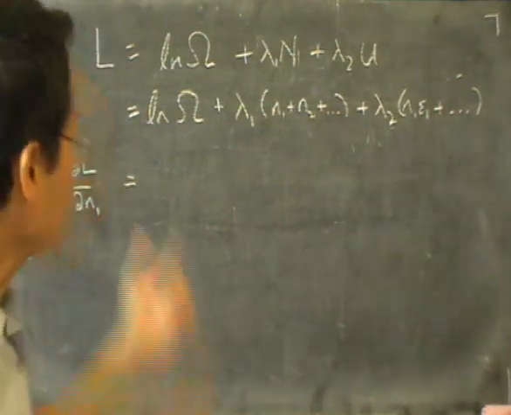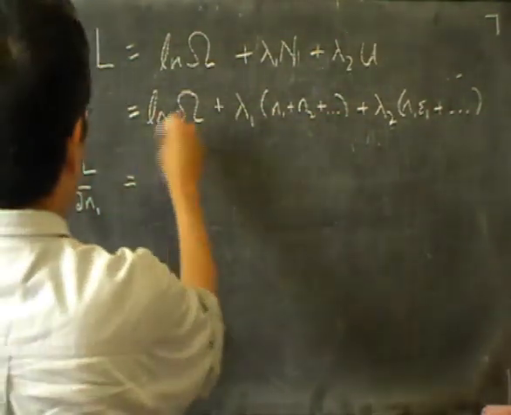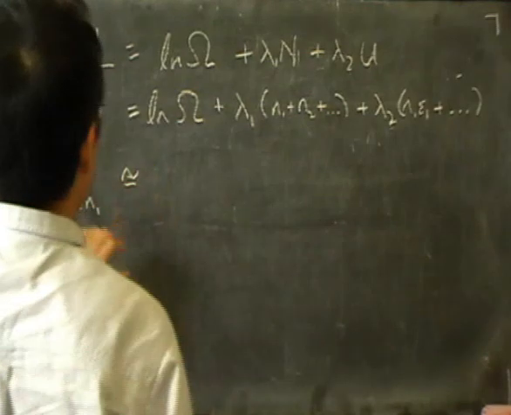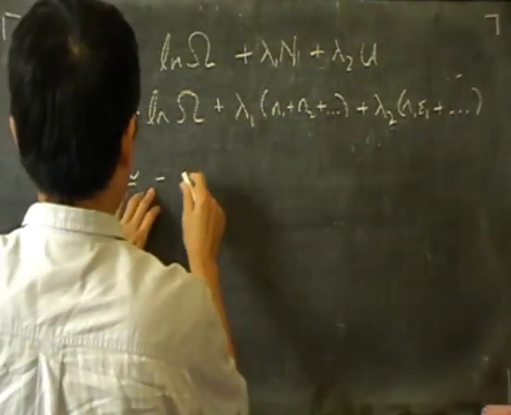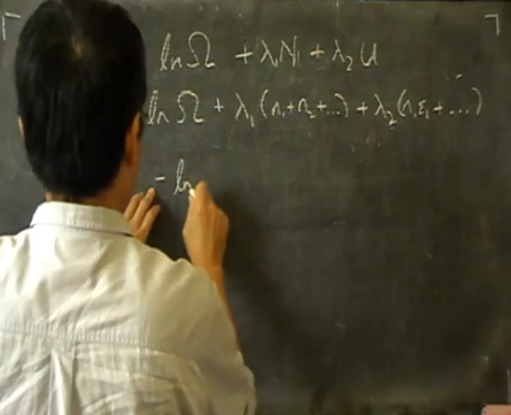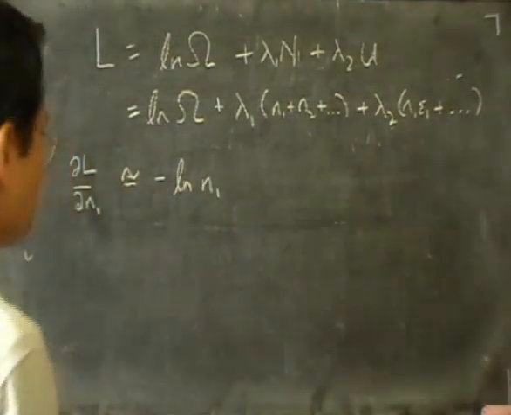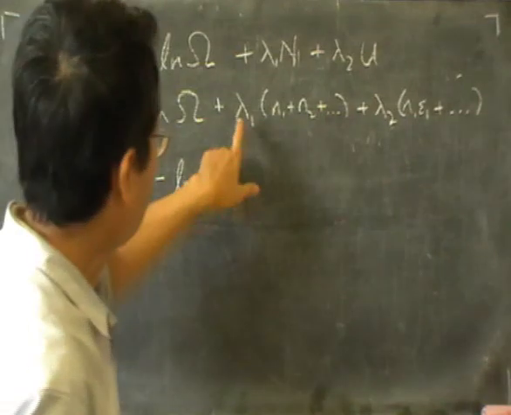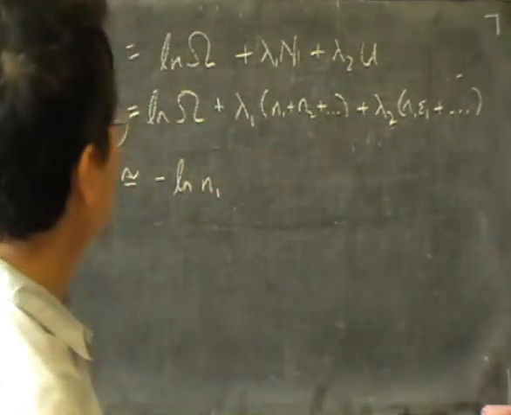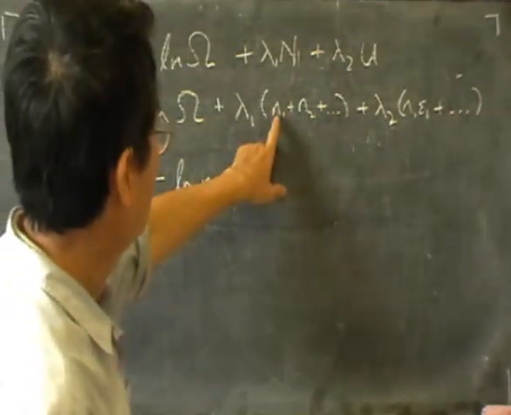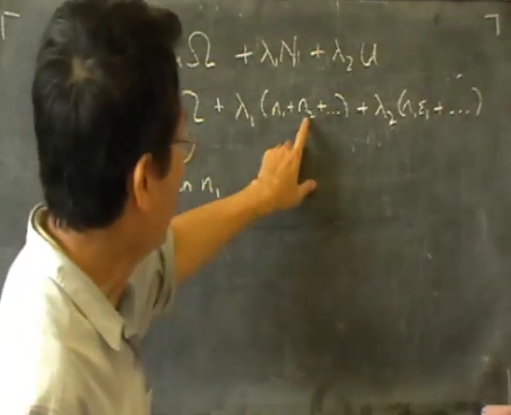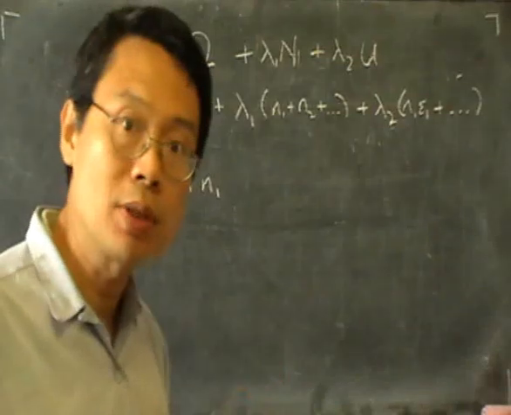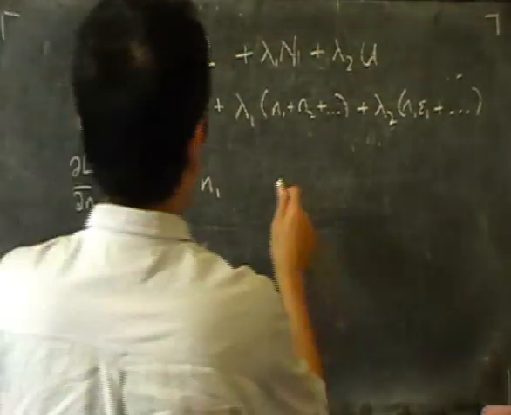We have already seen just now that after you apply Stirling's approximation to log omega, I get minus log n1. Now differentiating n1 by n1 is just 1. Differentiating n2 by n1 is 0 because n2 is a different variable.